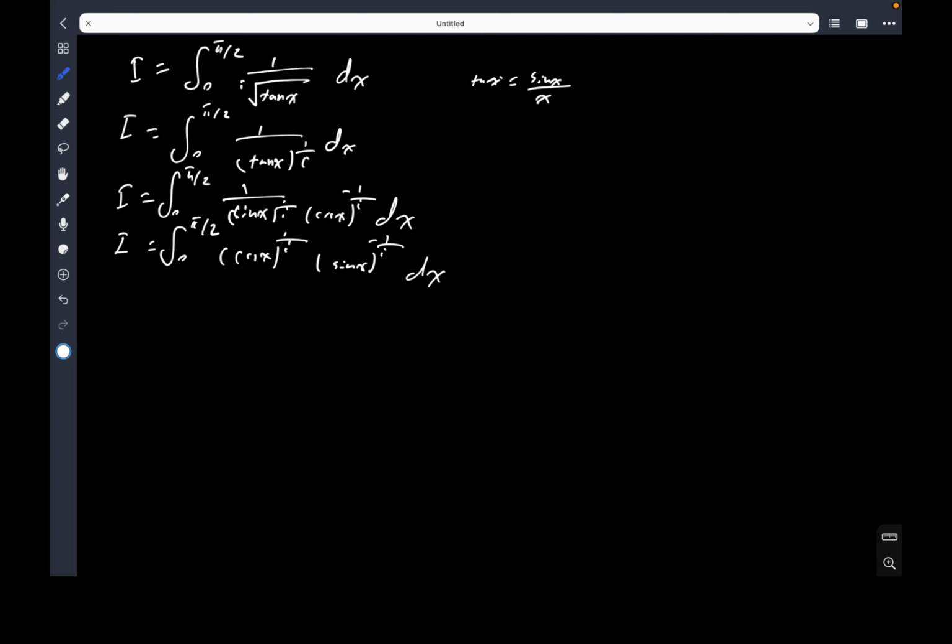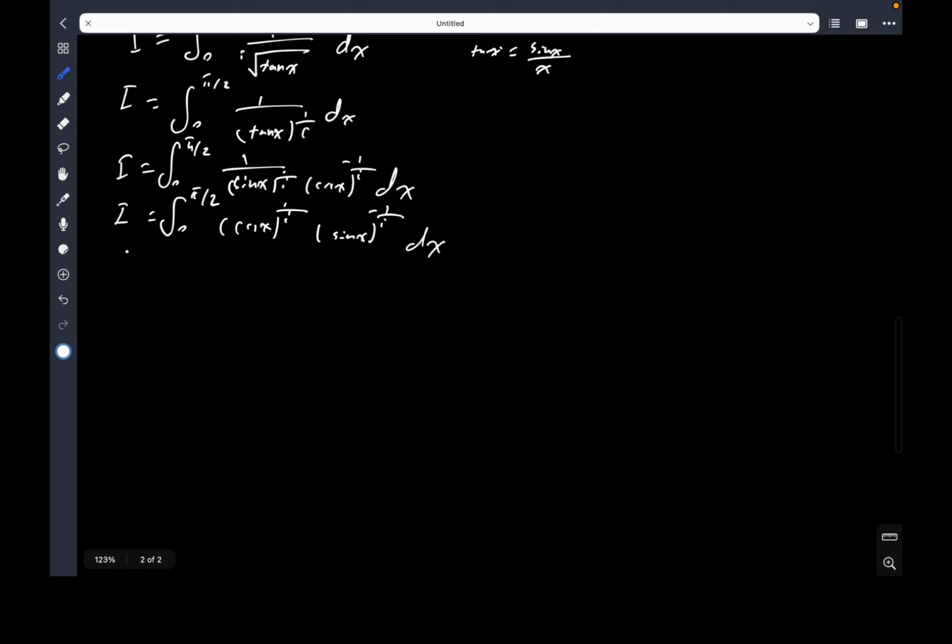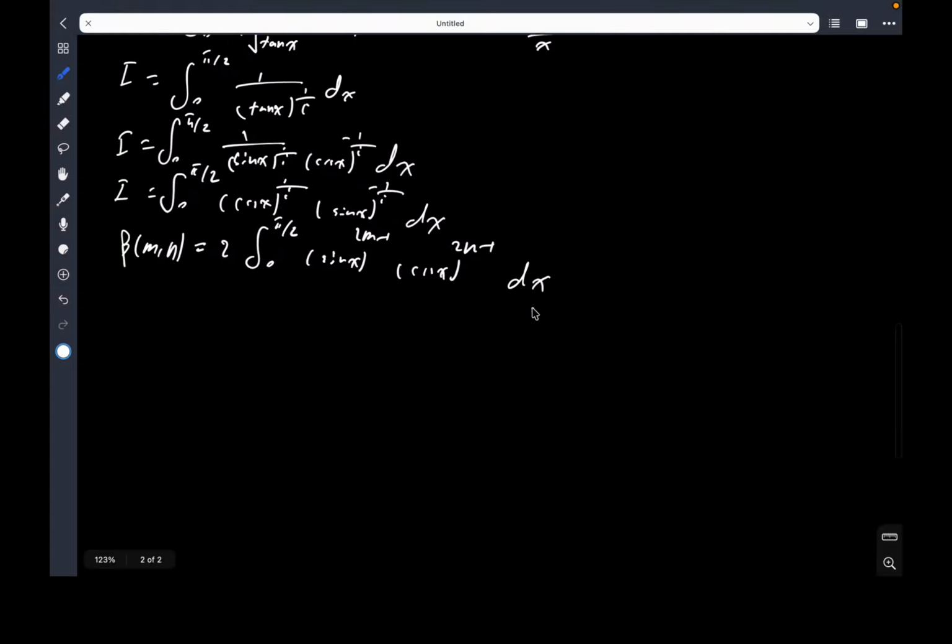So here there is an interesting similarity to the beta function. Beta of m, n is 2 multiplied by the integral from 0 to pi over 2 of sine x to the power of 2m minus 1, cosine x to the power of 2n minus 1 dx.